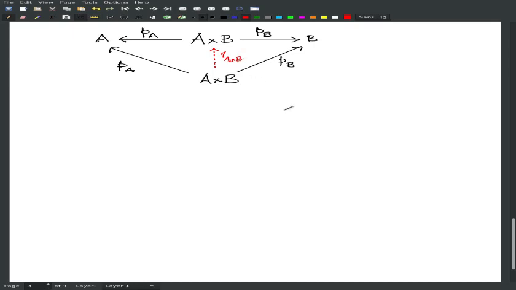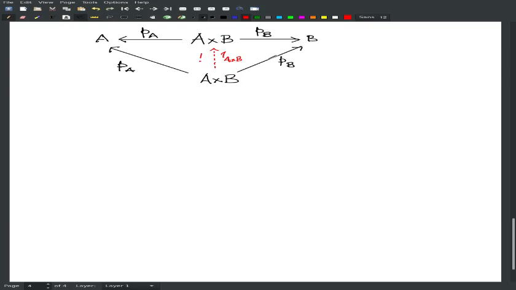Well, this one composed with PA is obviously PA, and this one composed with PB is obviously PB, and therefore the product says that this has to be the only one. There can exist no one else.